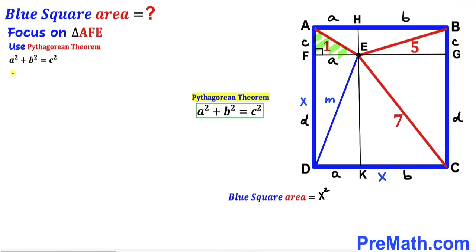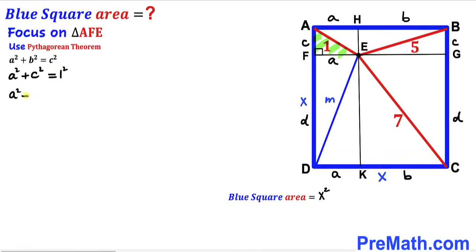Let's fill in the blanks. It's going to be a squared plus c squared equals 1 squared. So we end up with a squared plus c squared equals 1, and I'm going to label this as equation number 1.